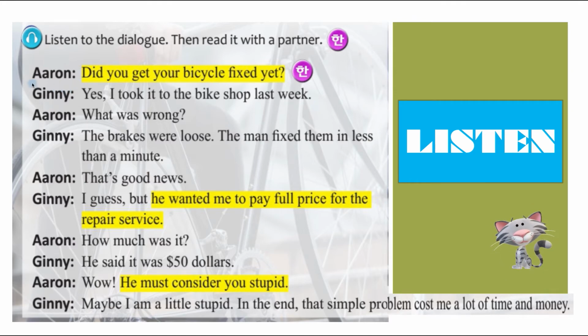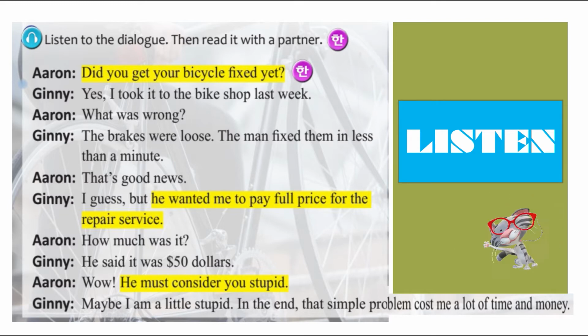Ginny, Ginny. Ginny. Did you get your bicycle fixed yet? Oh, yes. I took it to the bike shop last week. What was wrong? The brakes were loose. The man fixed them in less than a minute. Wow, that's good news. I guess, but he wanted me to pay full price for the repair service. Oh my, how much was it?